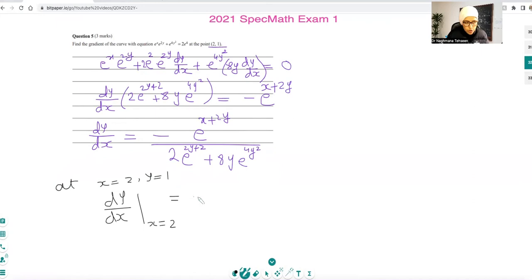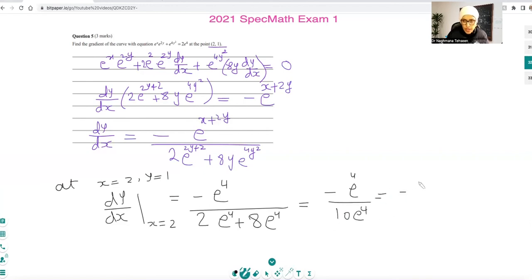That would be equal to minus e to the power 2 plus 2, which is 4, over 2e to the power 2 plus 2, which is 4, plus 8e to the power 4. So that will give me minus e to the power 4 over 10e to the power 4. The e to the power 4 cancel out, and we get negative 1 over 10. That's a nice, simple enough answer for this one.